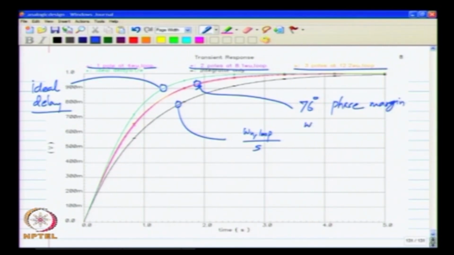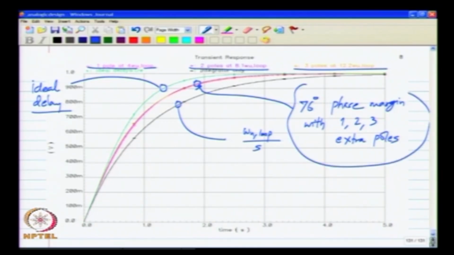The only lack of generality here is that when you have 3 poles, all 3 poles are at the same frequency, but that is okay. So, this again should give you confirmation that a 76 degree phase margin is a good number to have, and then you will not have any overshoot.